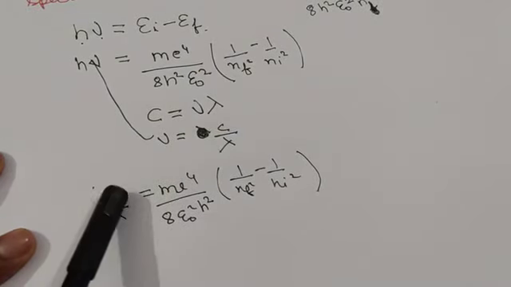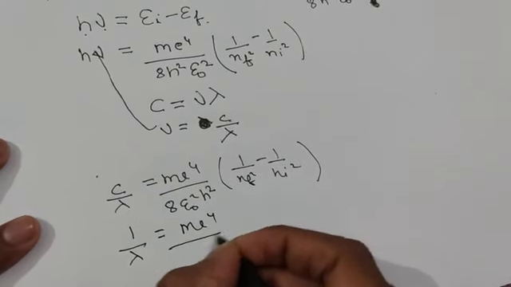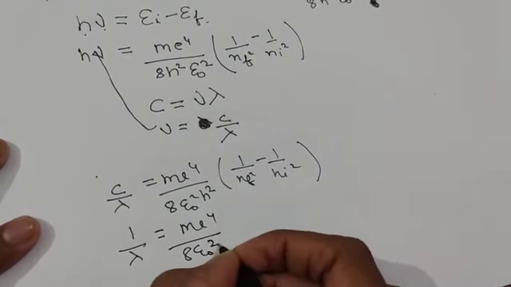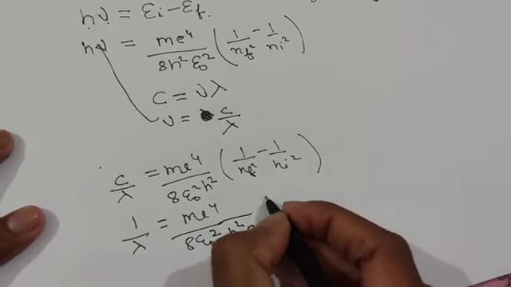Cross multiply this, so 1 by lambda is equal to m e to the power 4 divided by 8 ε₀ squared h squared, divided by c also.